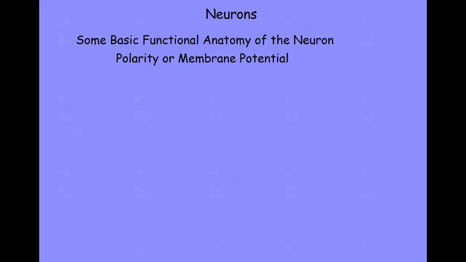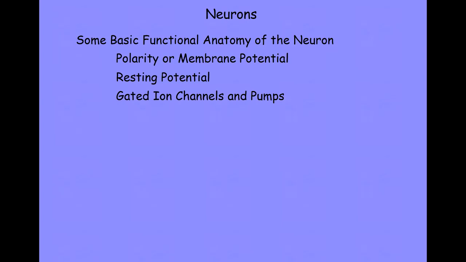Now that we've looked at the anatomical structure of a neuron, let's turn our attention to some basic functional anatomy of neurons. We're going to talk about polarity or membrane potential, specifically resting potential at first.